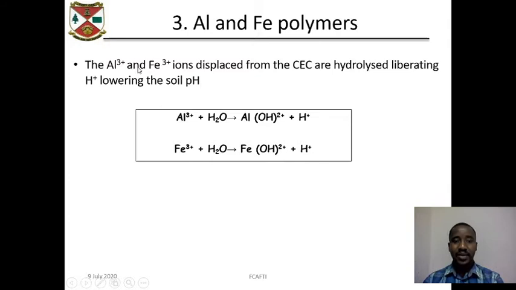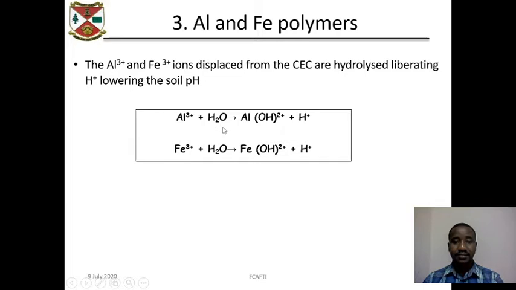In other words, this aluminium ion will react with water to produce aluminium oxide plus a hydrogen ion.